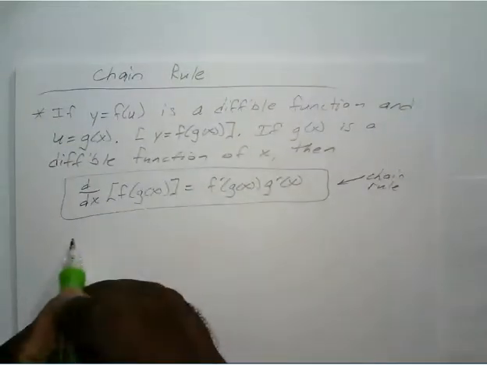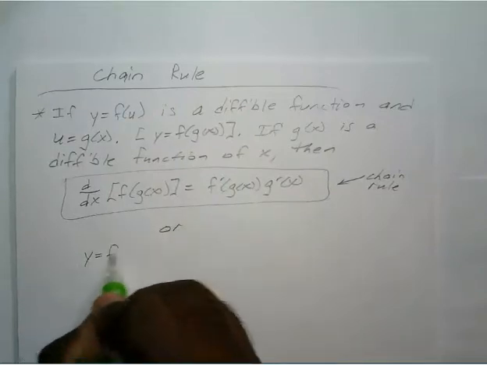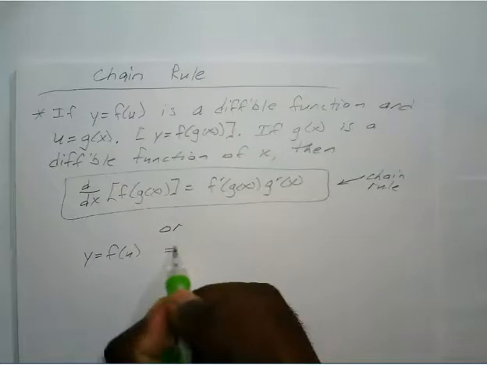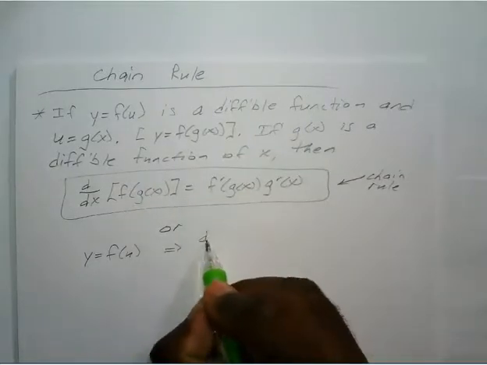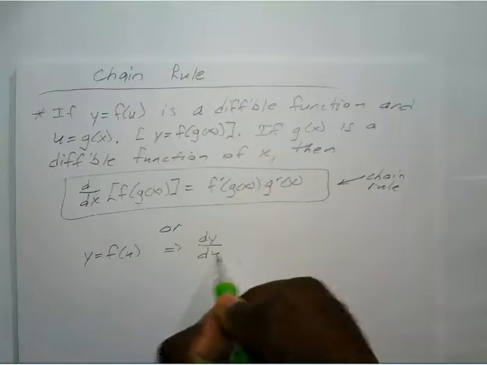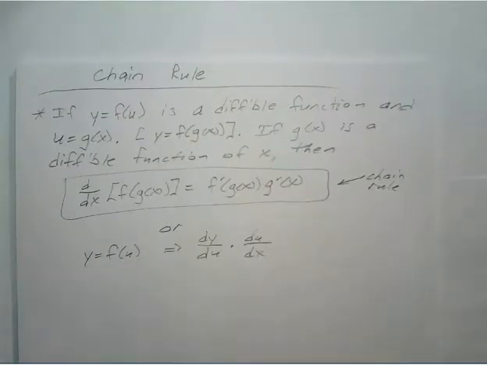Another way to write it would be y is equal to some function of u, where the derivative is the derivative of y with respect to u times the derivative of u with respect to x. Actually, we will use this when we talk about implicit differentiation.